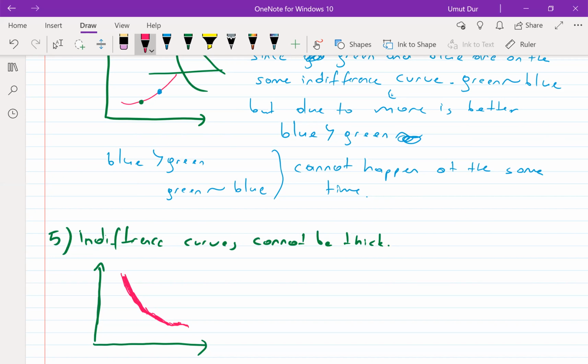So why don't we allow such indifference curves?